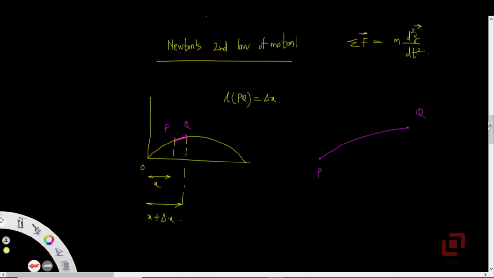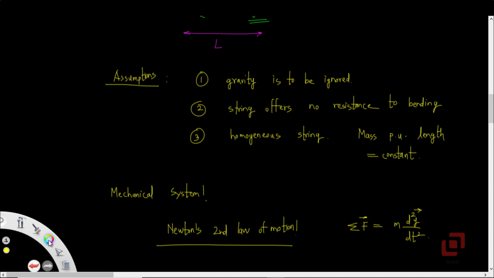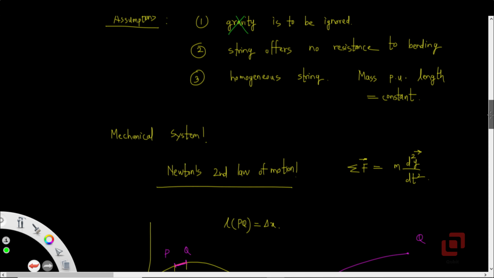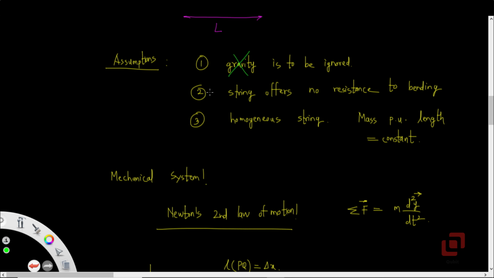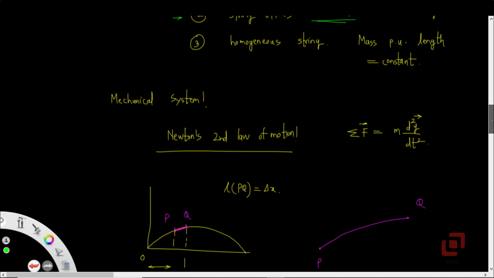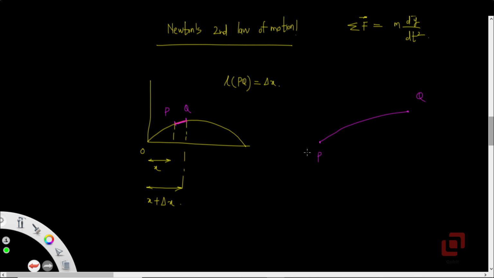Let's now try to show the forces which are acting on this particular element. As already stated, we are going to ignore gravity. So the only forces acting on the string PQ are the tension at P and the tension at Q. Now as we have assumed that the string offers no resistance to bending, the tension at P will be tangential to PQ.